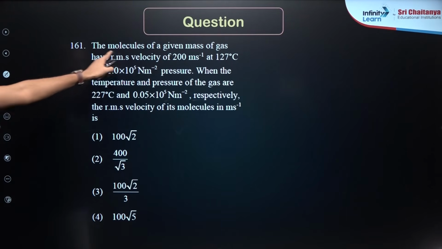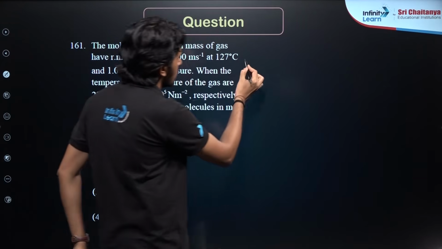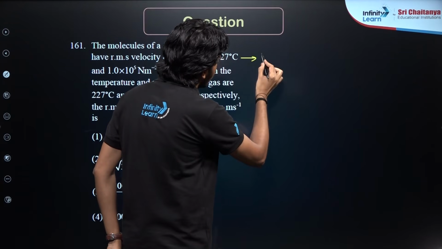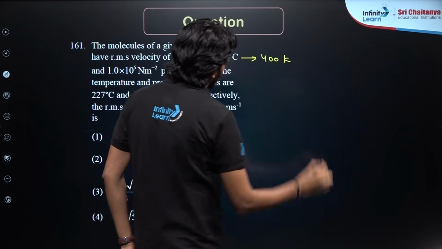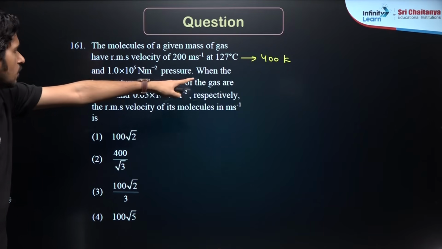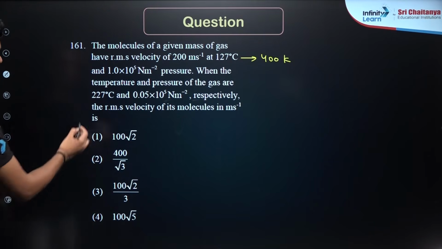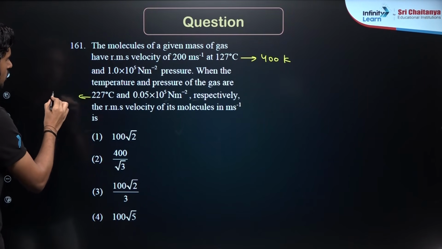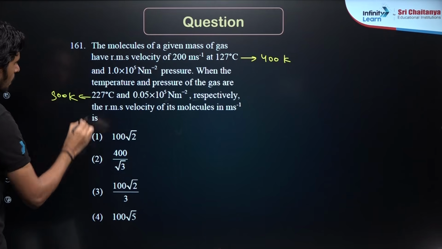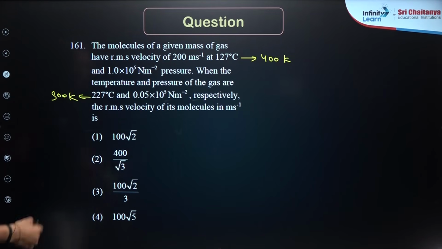Then the molecules of a given mass of gas have an RMS velocity of 200 meter per second at 127 degrees centigrade. 127 means 400 Kelvin, right? When the temperature of the gas is 227, meaning 500 Kelvin, what is the RMS velocity of its molecules?